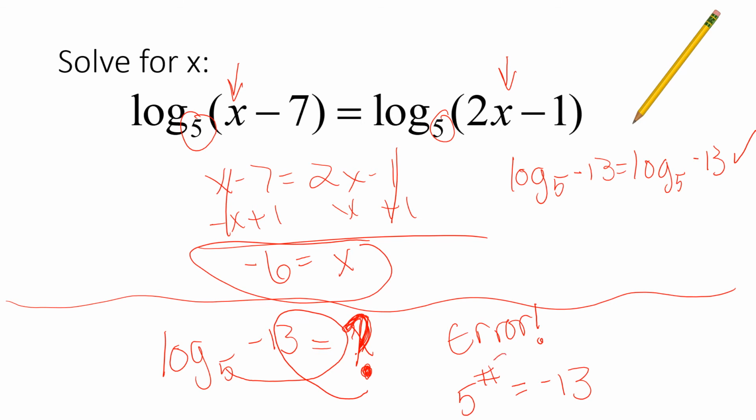If I plug in 2, if I plug in 1/2, if I plug in negative 2, if I plug in negative 1/2, my answer will never give me back a negative number, which means that we can never have the log of a negative number. So if you see log base something of a negative number, that's not solvable, it's not an actual value.